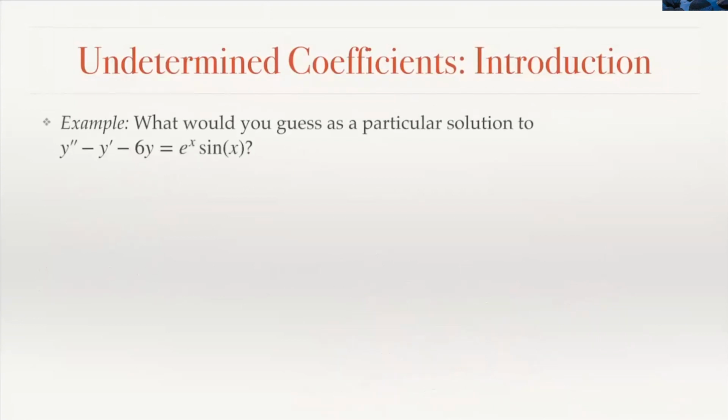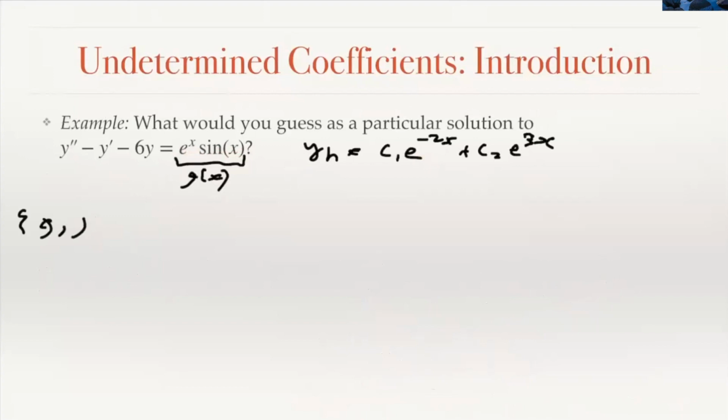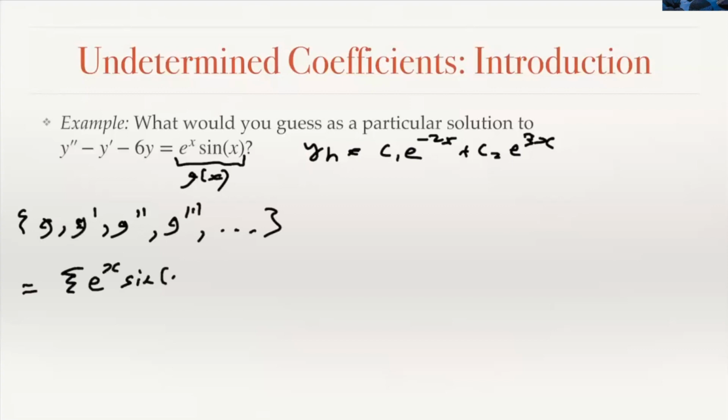Let's do another. What would we guess for this? Okay, so here yh is that same thing. And e to the x sine x is not one of those, so we don't need to worry about multiplying by x or anything. And what is the set G, G prime, G double prime, G triple prime, etc.? Well, G is e to the x sine x.